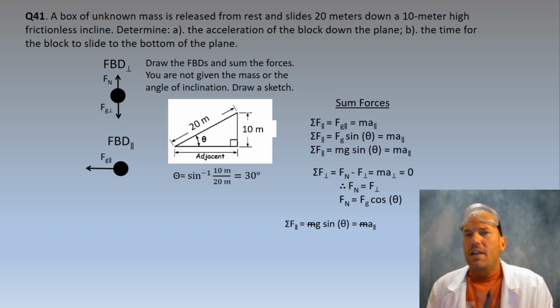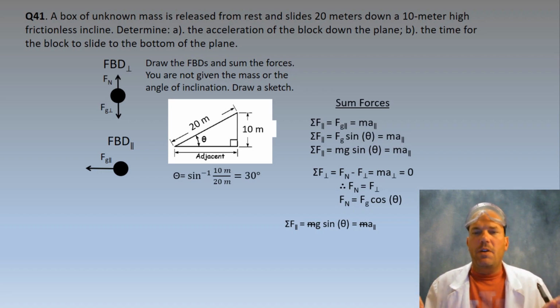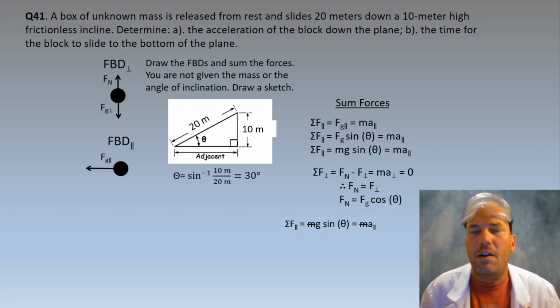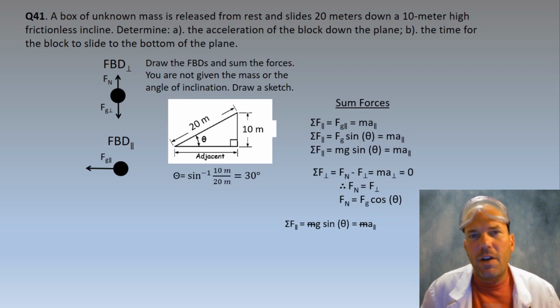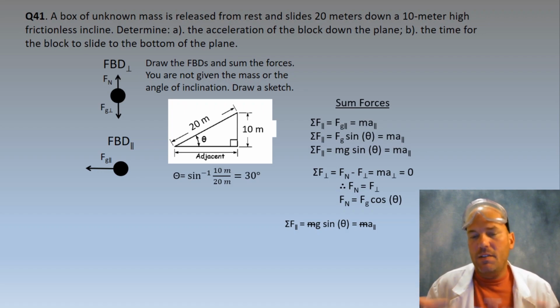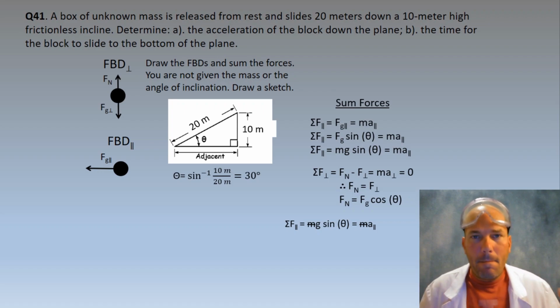So if we now focus on the parallel direction and we go ahead and put in our values here for the force of gravity parallel, remember that's going to be equal to mass multiplied by the acceleration due to gravity sine theta. In this case here, look at what is on both sides of the equation. Mass.